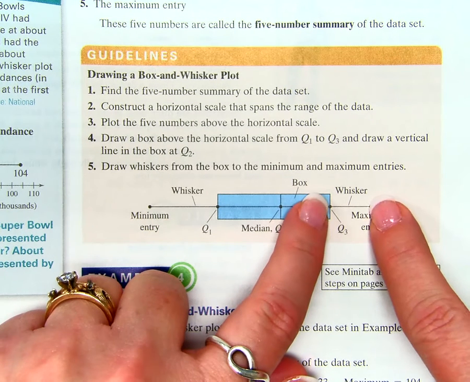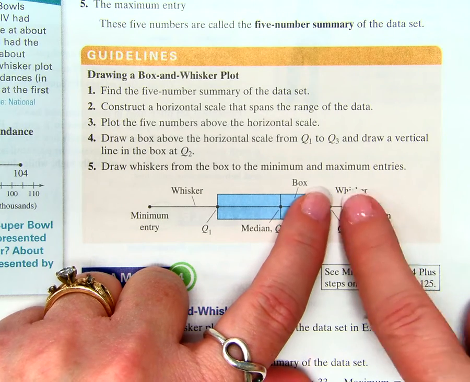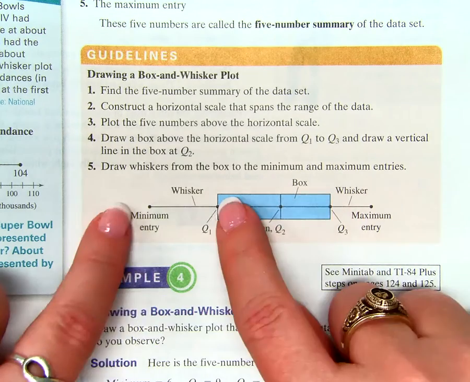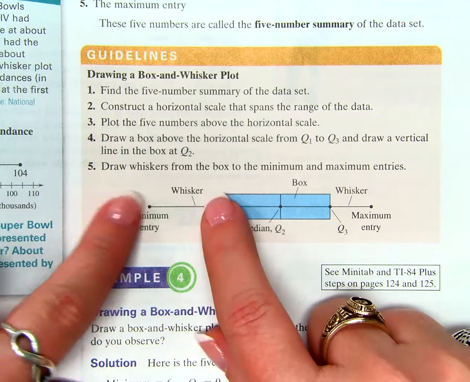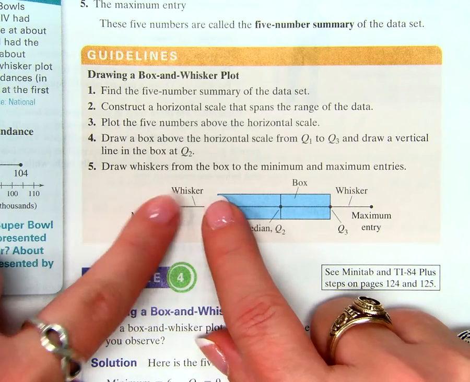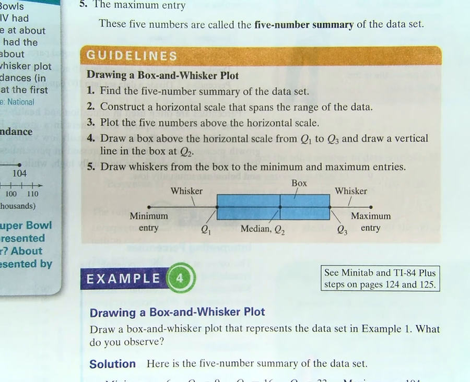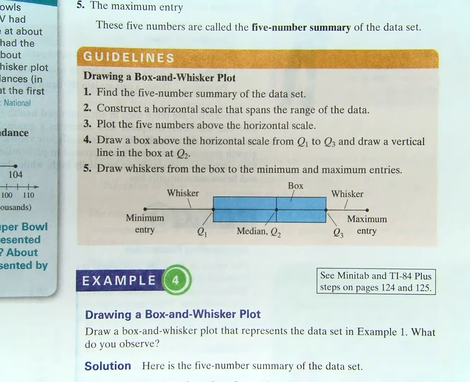So this might let me know that between these two points there's a whole lot of data in just a short amount of numbers, and this is more spread out. This data is still a fourth of the data, but it's a little bit more spread out because the whisker is longer. Does that make sense? It's a visual representation of some important features of the data.